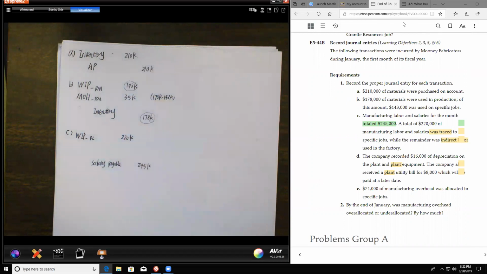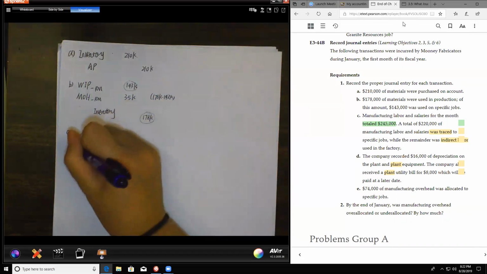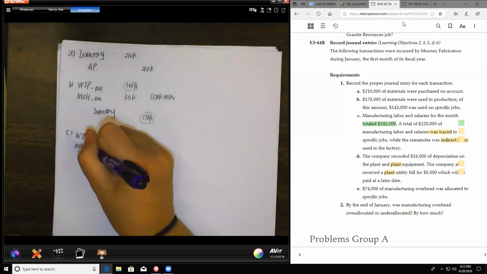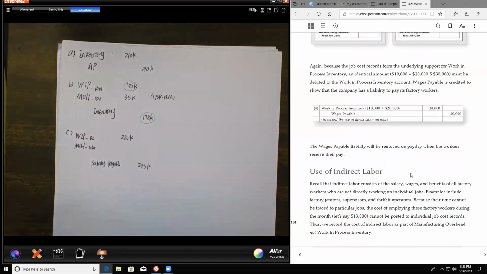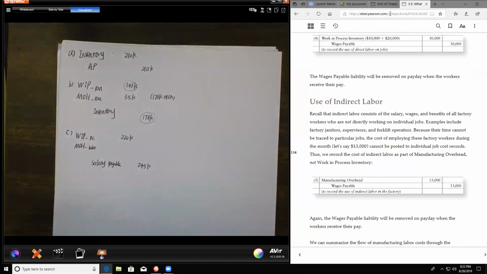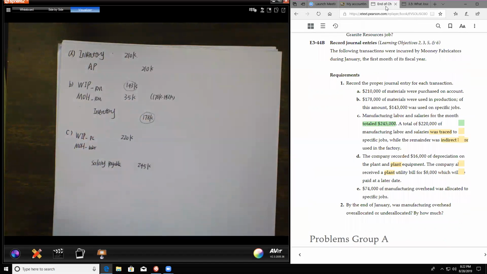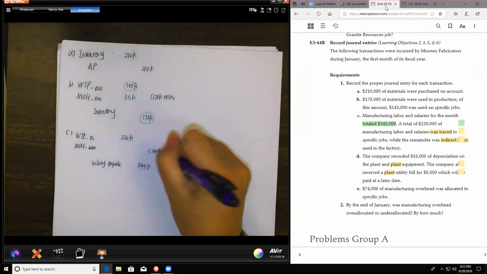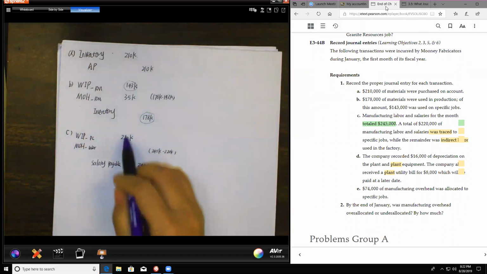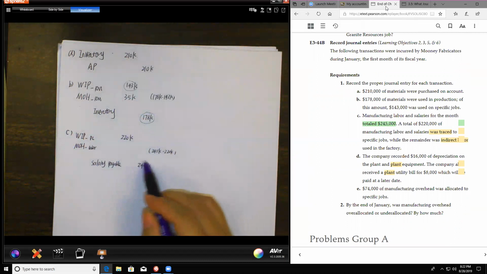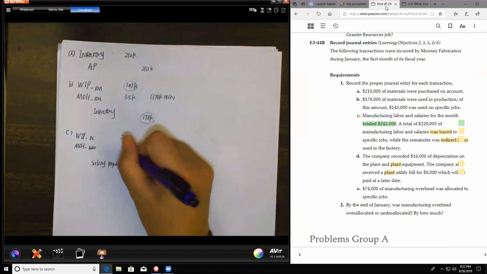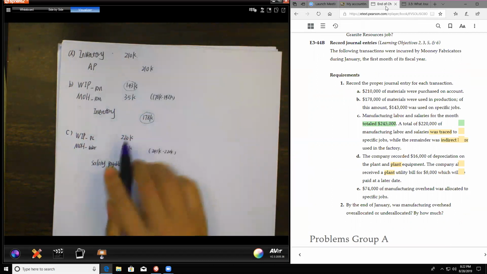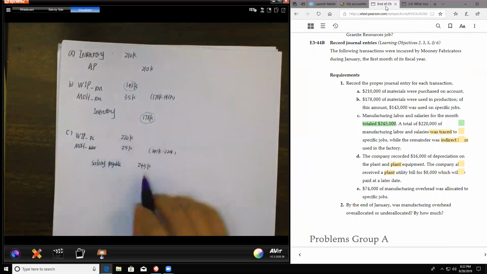And then the indirect labor that cannot be traced will go to our manufacturing overhead. How much is it? It's the difference of 245,000 minus 220,000, because your total debit has to be the total of credit. So that gives you 25,000. 220,000 plus 25,000 gives you 245,000.